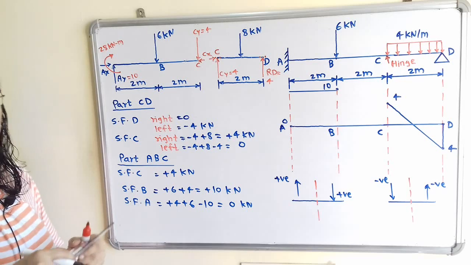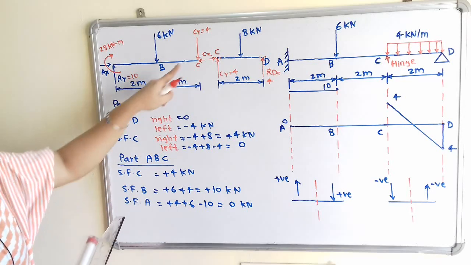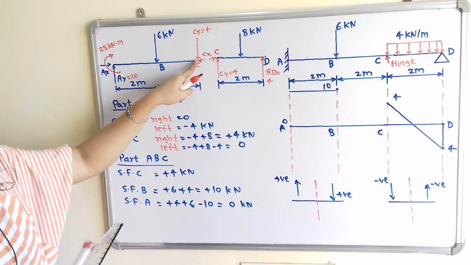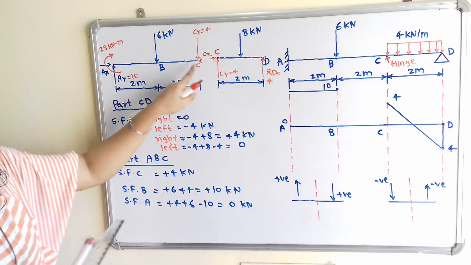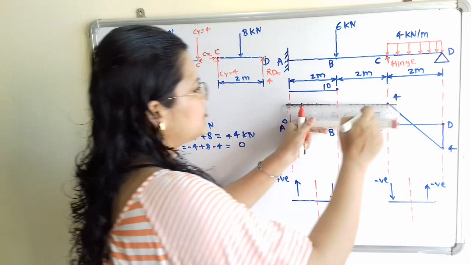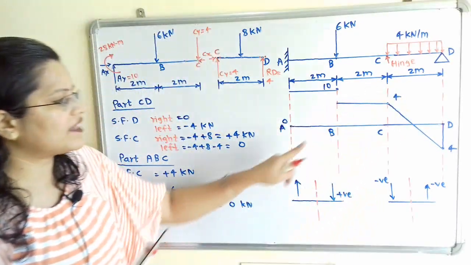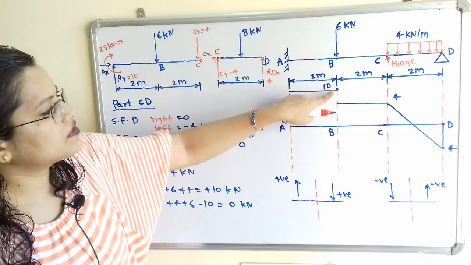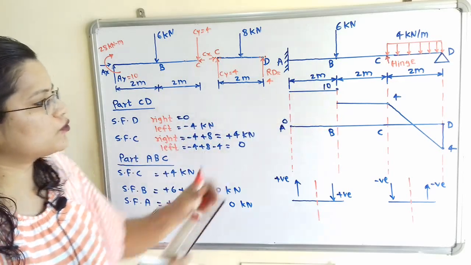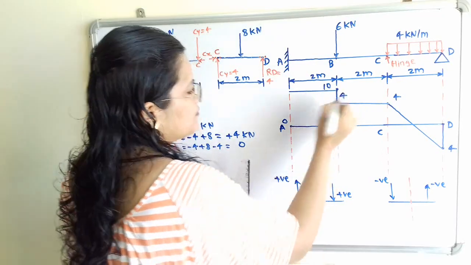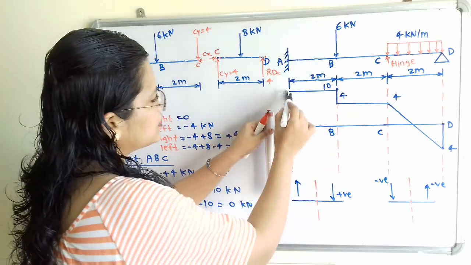So we have to show the constant line. So here for this part BC, we have to take this extension from this point C, that is from this point 4. And if we observe at point B, shear force is changing from 4 to 10. So I will connect this. And we will connect this 0 and 10.